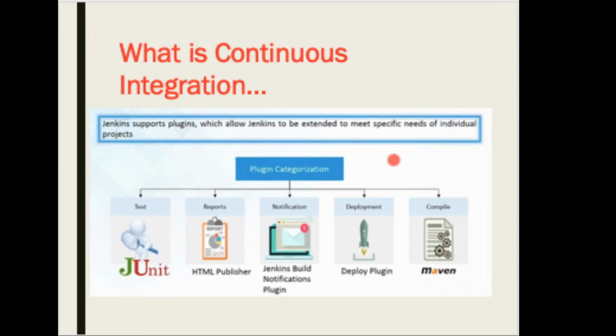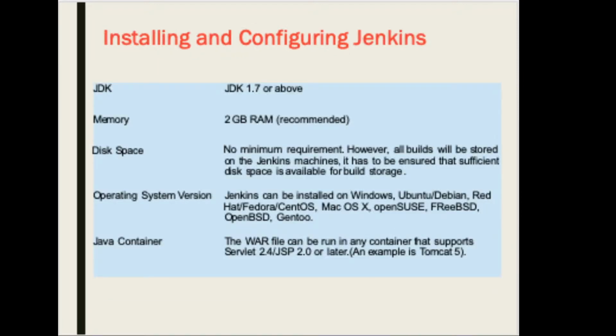The categorization is basically divided into 5 things: compilation, deployment, notifications, testing, and reports.